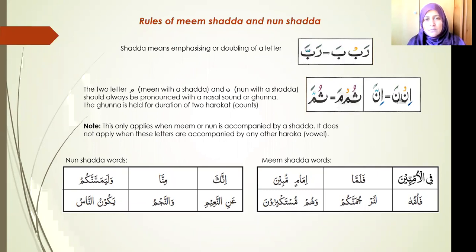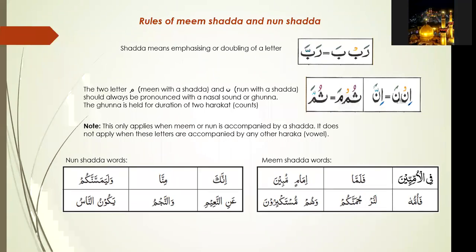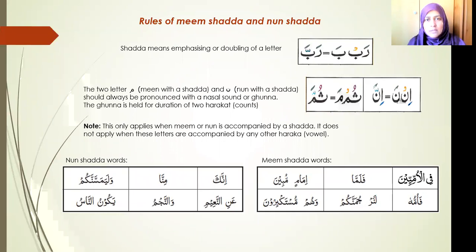When the letter noon and meem, out of all the Arabic alphabets, carry a shadda above them, they must be read with a 2-count ghunna, a 2 counts nasal sound. Hold it for longer. All the other alphabets, you will just double up the sound. But for the noon and the meem mushaddada, or a noon and a meem with a shadda, not only do we double the sound in our mouth, but we also nasalize the sound for 2 counts.